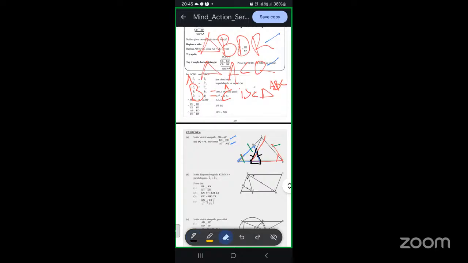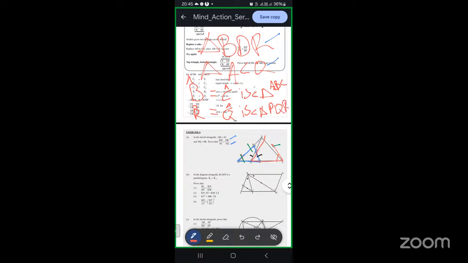Therefore, angle R is equal to angle Q, from an isosceles triangle, triangle PQR.